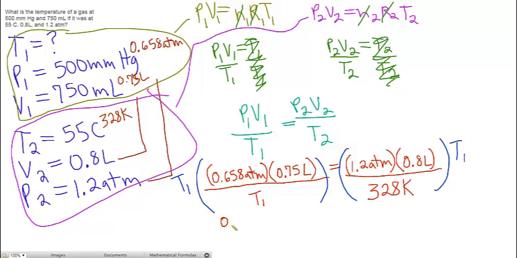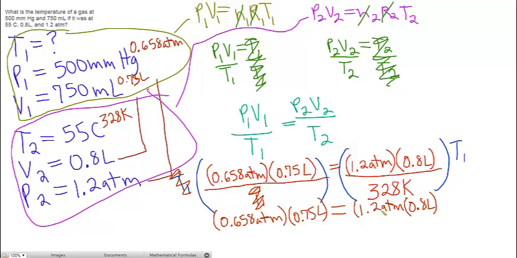Then I'm going to have 0.658 atm times 0.75 liters, and our T1s have crossed out, so I don't need that, equals 1.2 atm times 0.8 liters divided by 328 Kelvin times all that by T1.